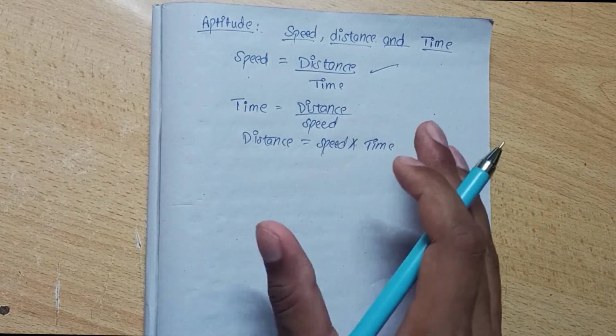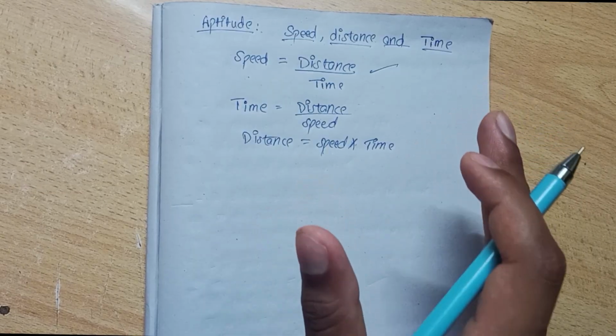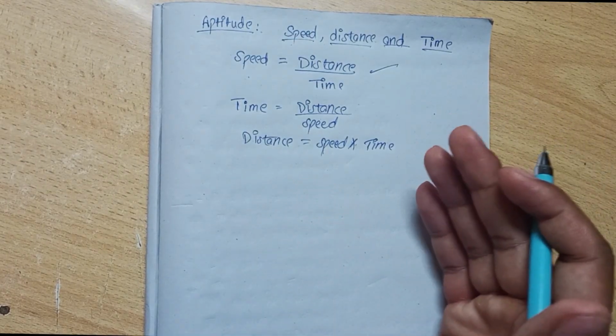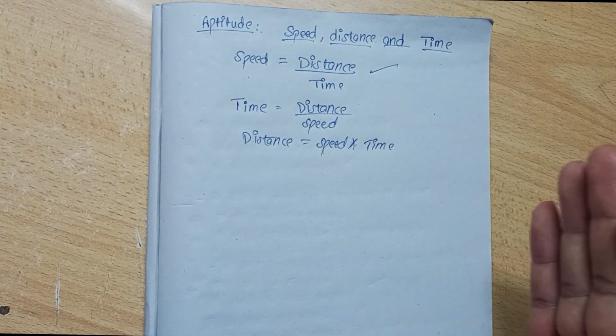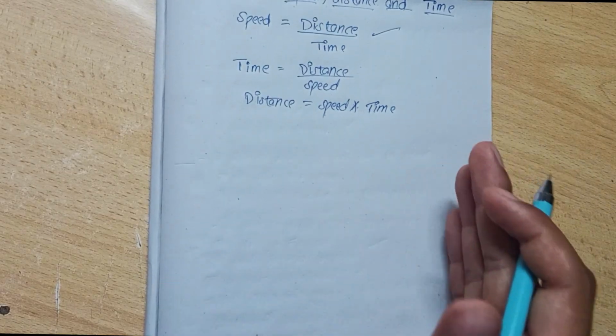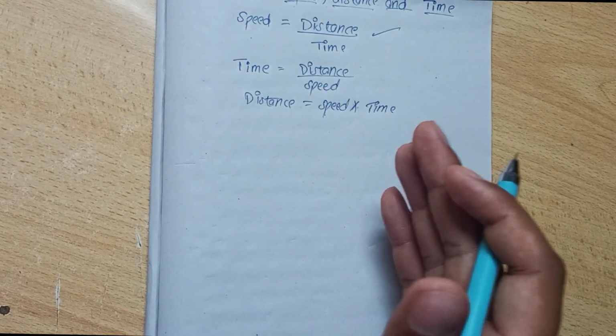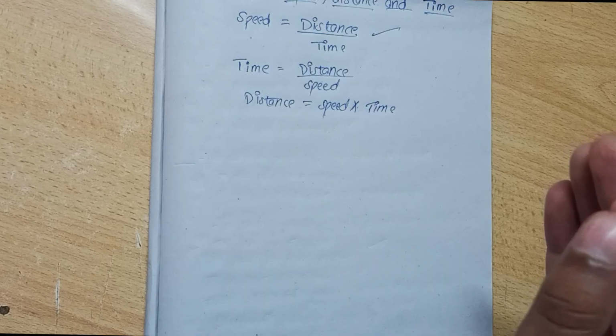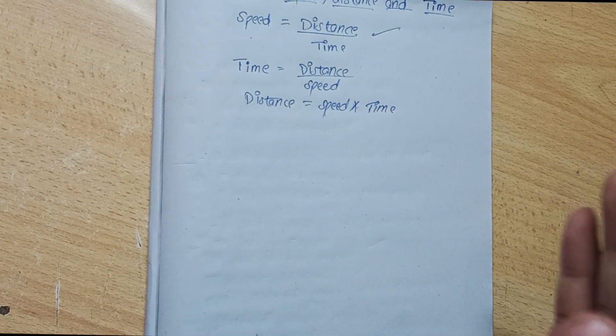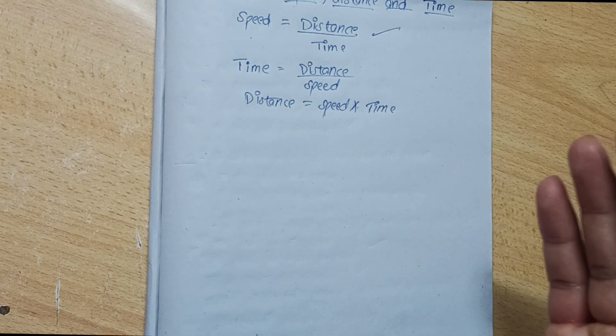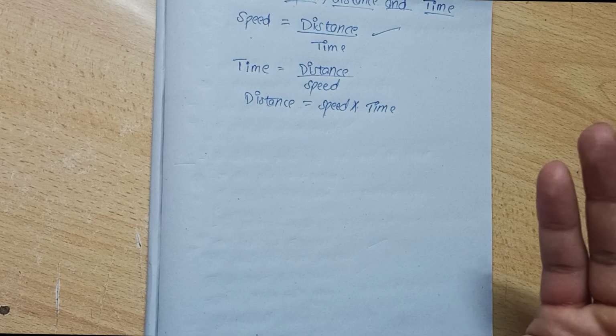And another thing that we need to learn in speed, distance and time is conversion, how to convert from one unit to another unit. So basically whenever the question is given, it may be given in kilometer per hour or meter per second, and you have to convert it according to your question requirement.